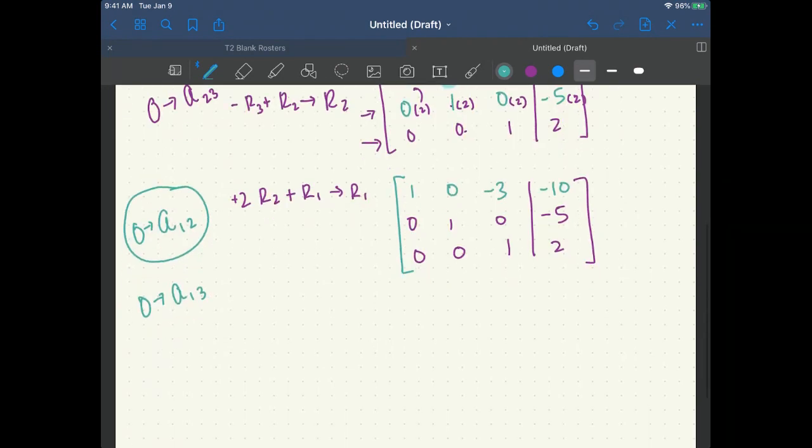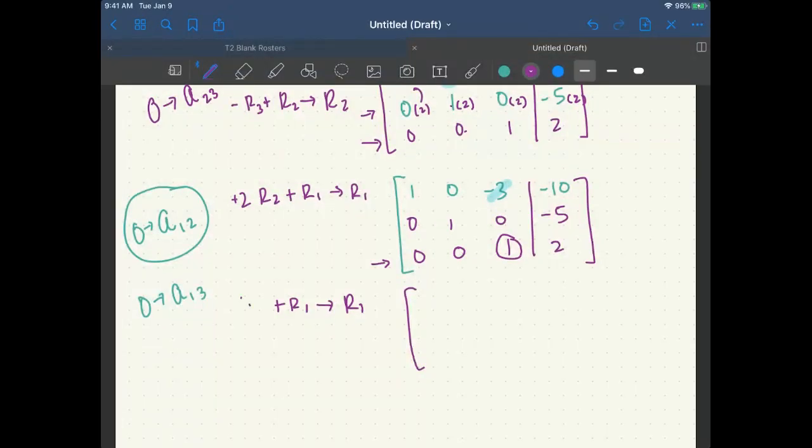Last one, all we need is this one right here. Row 1, column 3 needs to become a 0 to eliminate that z variable. So we're replacing row 1. I'm going to add something to row 1. And what I'm going to do is use this equation since there's a 1 in my z value, so I can actually multiply something by it.